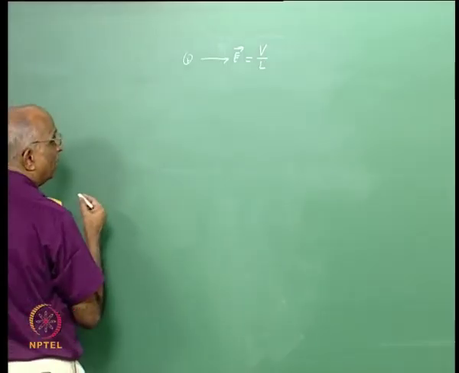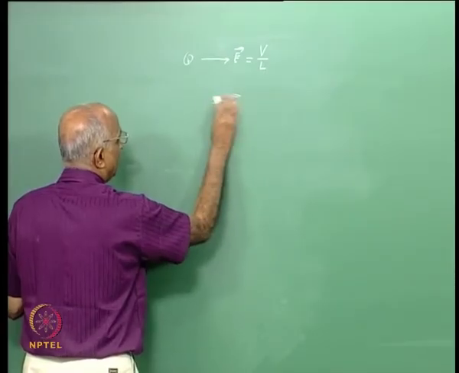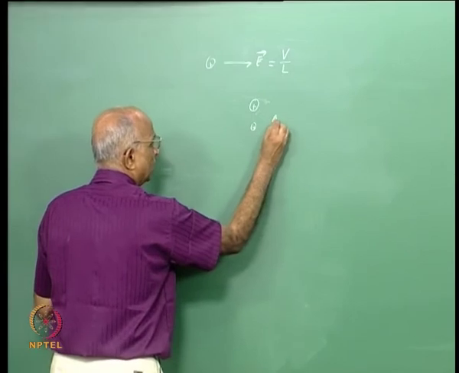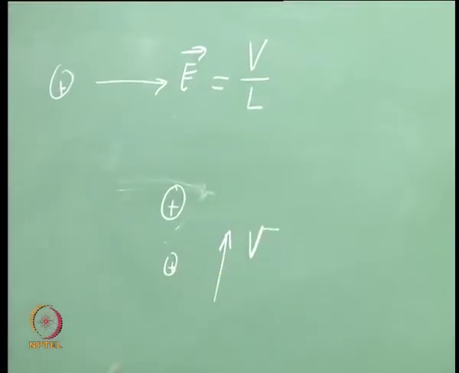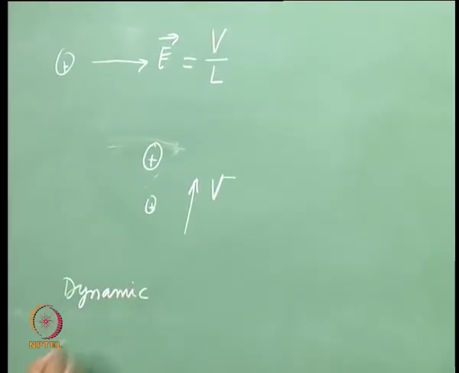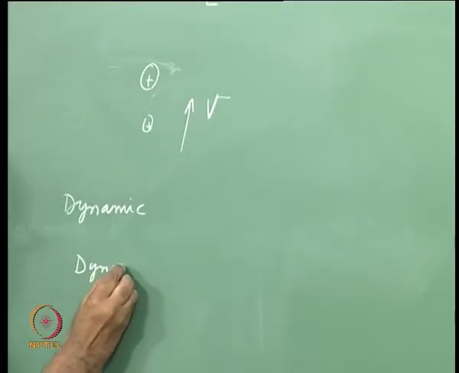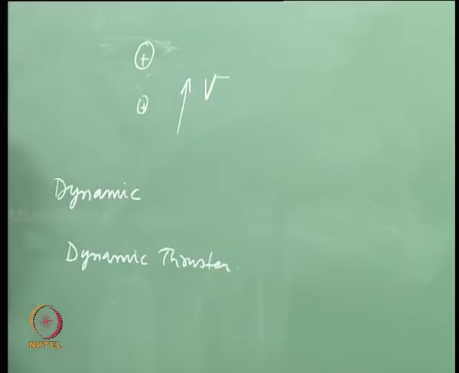Whereas in the case of a magnetic or electromagnetic thruster, I have a field which is available, and into this field I have to move the charge with a given velocity. In other words, I am talking of a dynamic situation, and therefore electromagnetic thrusters or magnetic thrusters or magnetic rockets are known as dynamic thrusters, because you need to have a velocity to begin with.